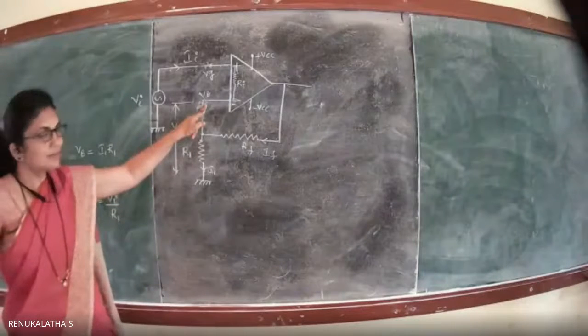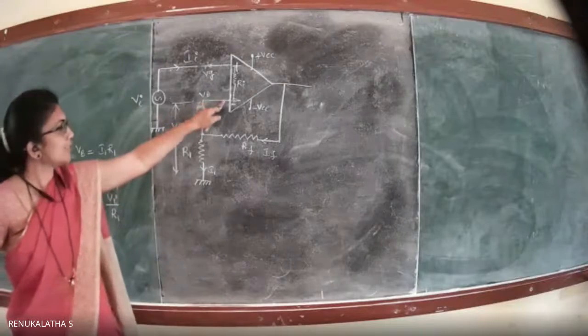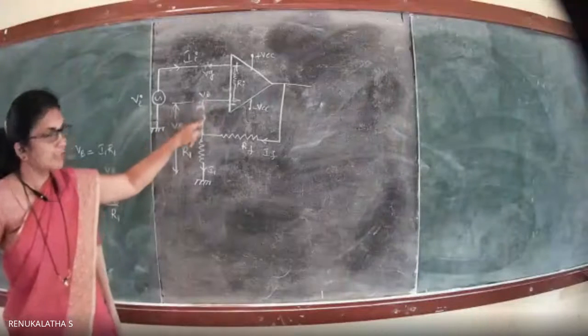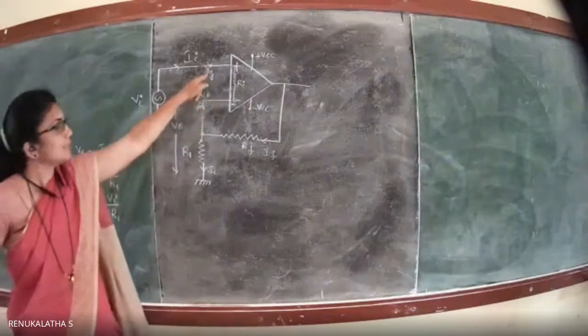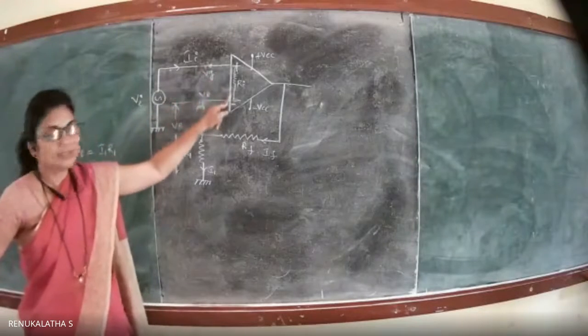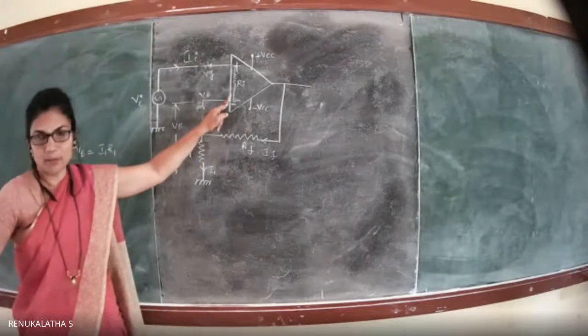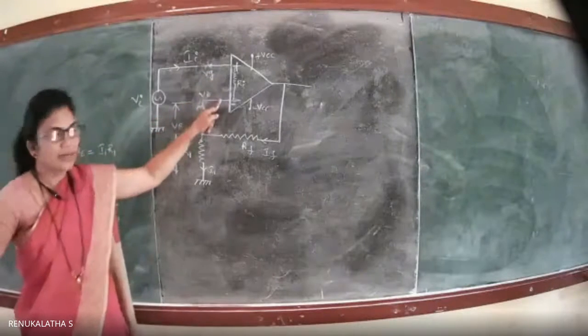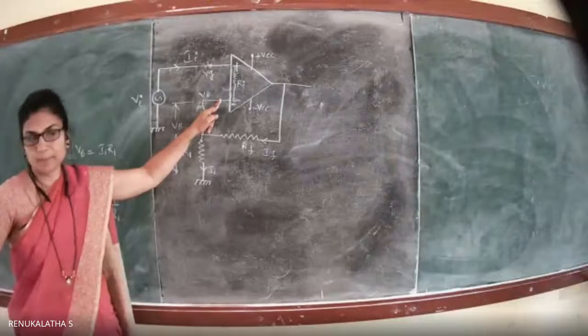You know the voltage level at exactly this point. VB we know is equal to I1 into R1. Hence that should be equal to VG also, because between the terminals there is absolutely no current flow. So this point and this point should be at equipotential.